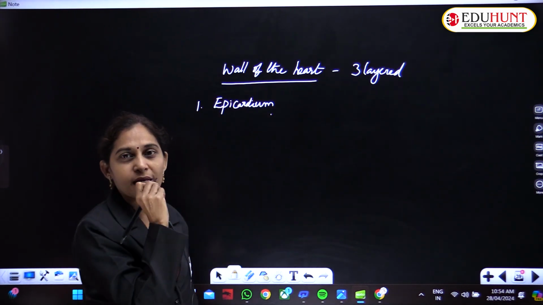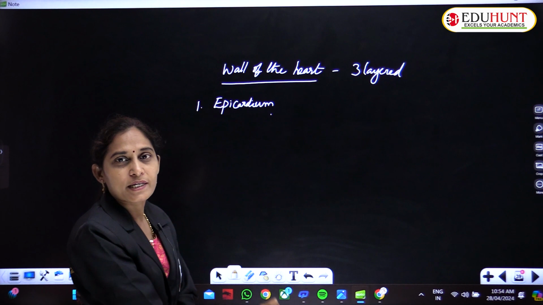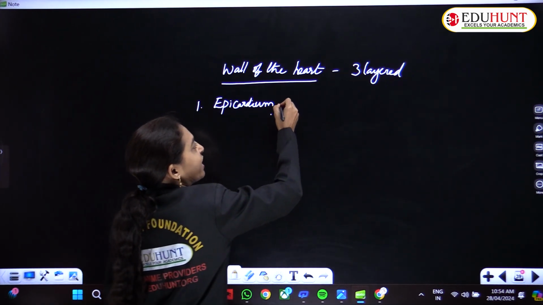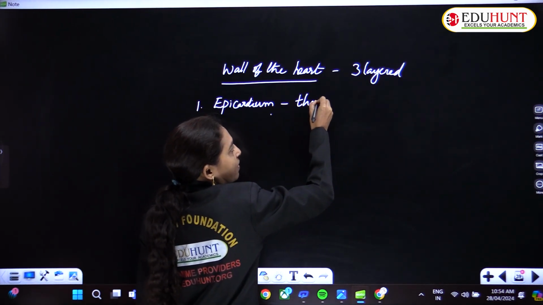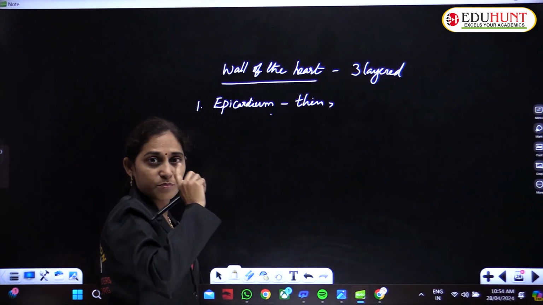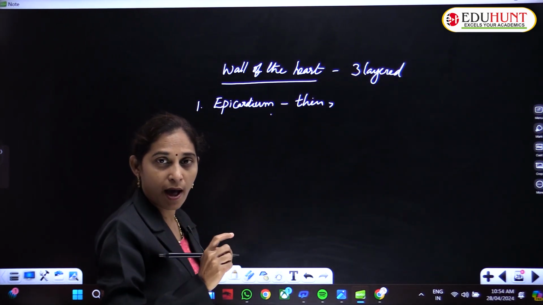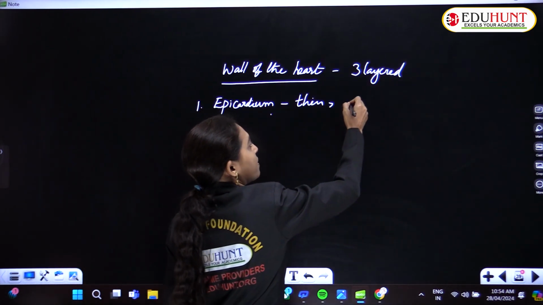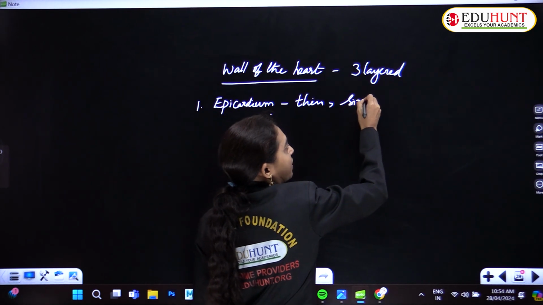We call the upper layer the epicardium. It is thin, and it is made up of simple squamous epithelium.